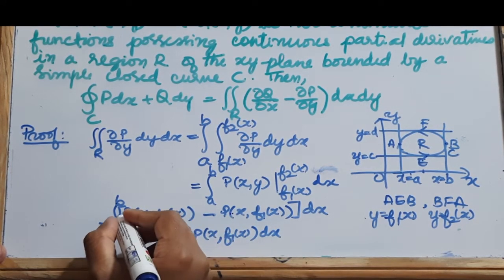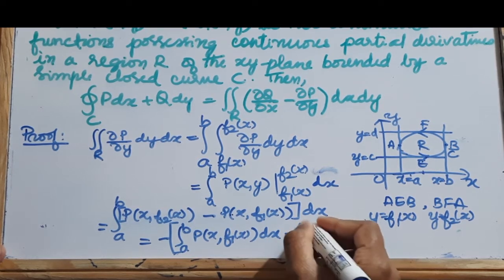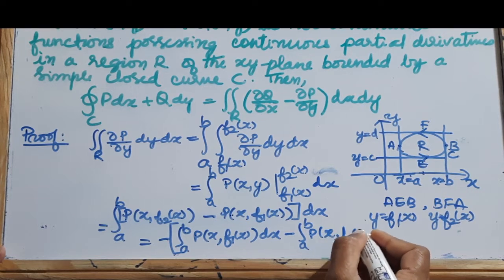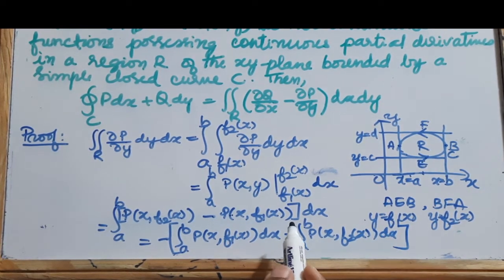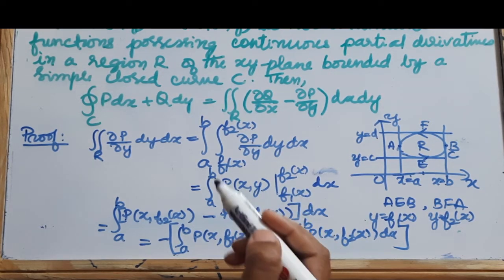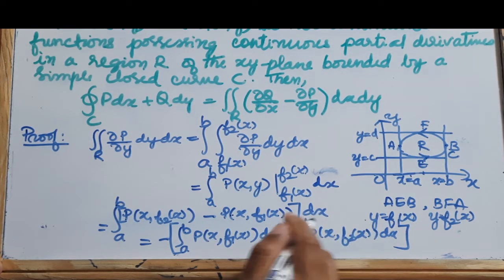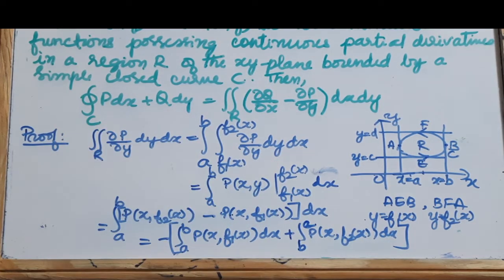Okay, if I take a negative outside from this integral, this is going to be negative again, integral a to b P(x, f2(x)) dx. Now this negative, if I interchange the upper and the lower limit, this integral is going to be positive, right? So this will be positive and this limit will be from b to a. So this is what I have now.